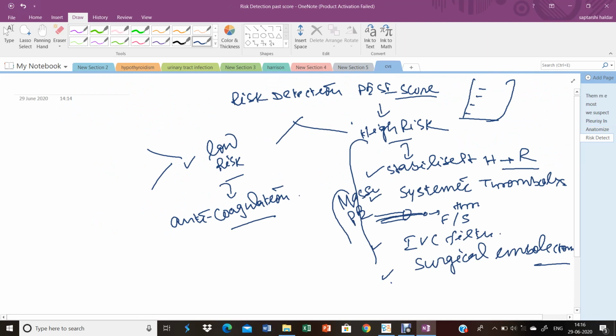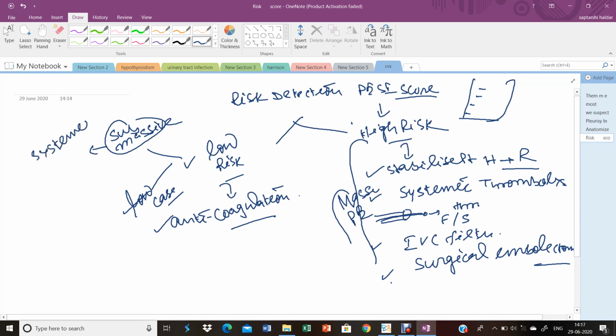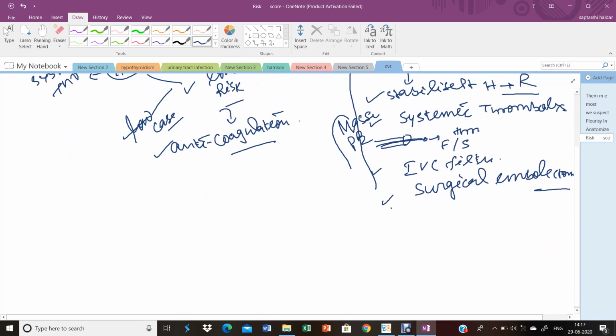In low-risk and mild cases, we will only use anticoagulation. Usually in submassive cases, if the patient's condition is deteriorating, we may give systemic thrombolysis. Let's discuss anticoagulation.